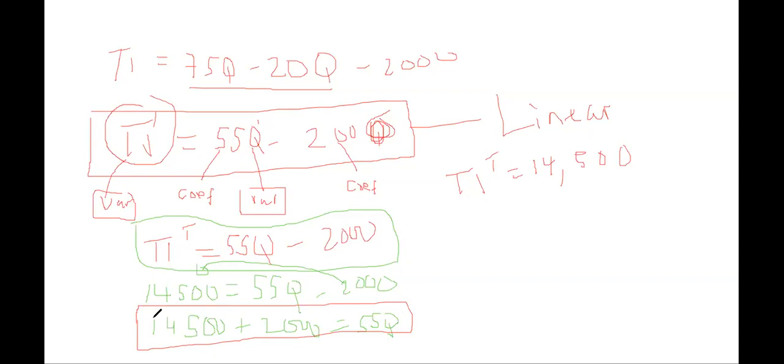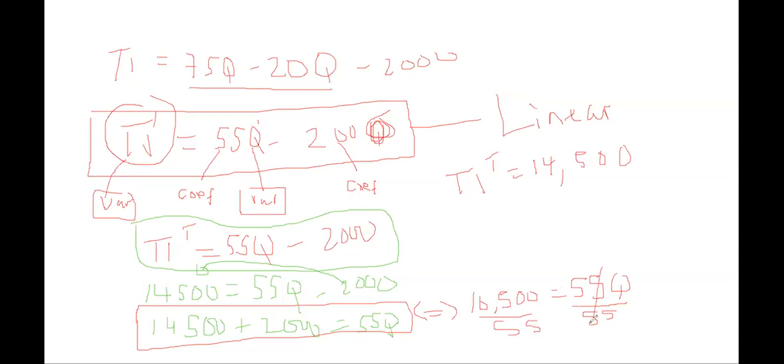So when we add this, equivalently it will give us 16,500 equals 55Q. Remember, our goal is to find Q, and to make it stand alone, we divide both sides by 55.